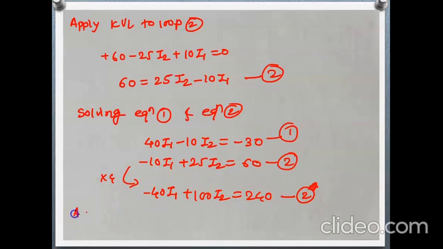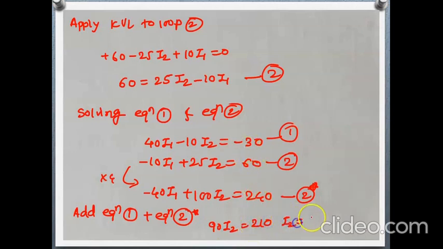When we add equation 1 and the new equation 2, the 40 I1 and minus 40 I1 cancel. Minus 10 and plus 100 gives 90 I2 equals 240 minus 30, which is 210.